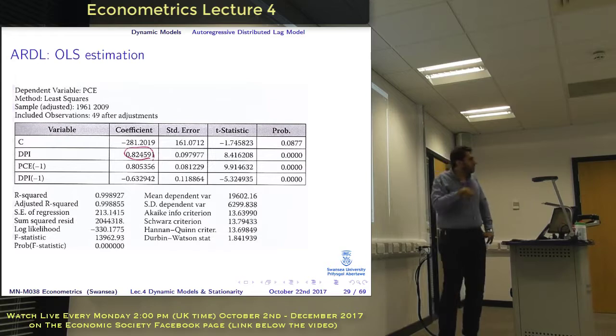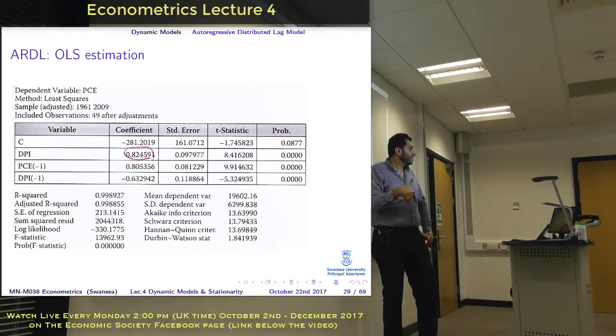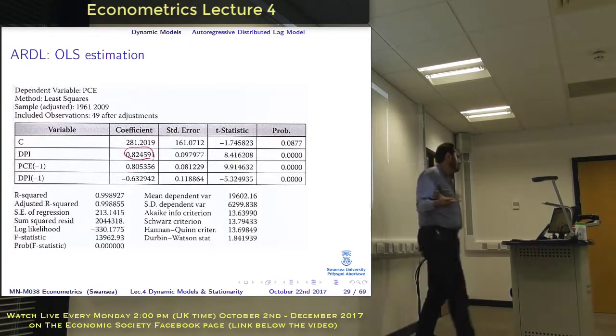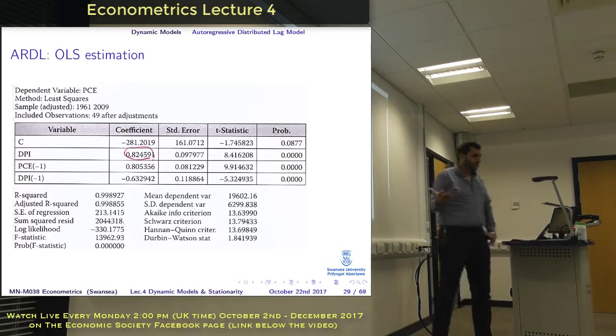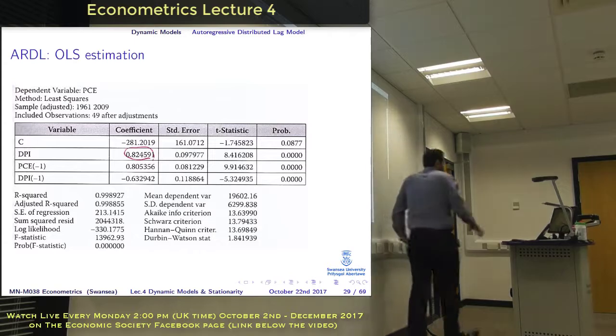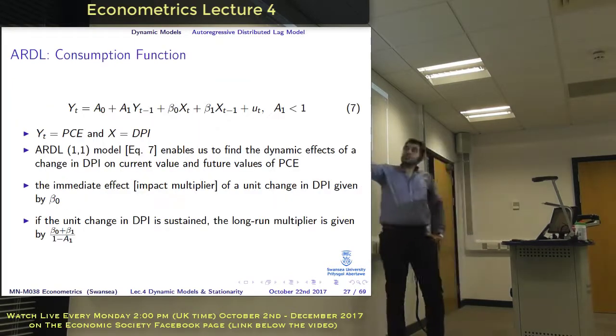So how much is the long run impact? It's beta 0 plus beta 1. So where is beta 1? The estimation of beta 1. Of course, this is not beta 1. It is the coefficient of the Xt minus 1. Let me go back to this. You see? So that's beta 1.